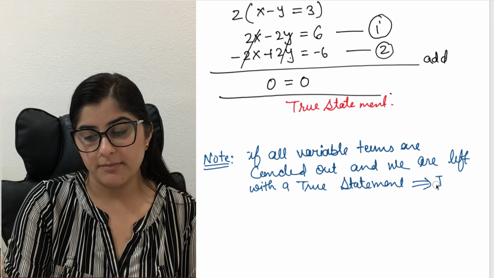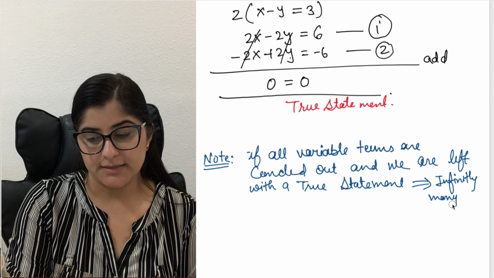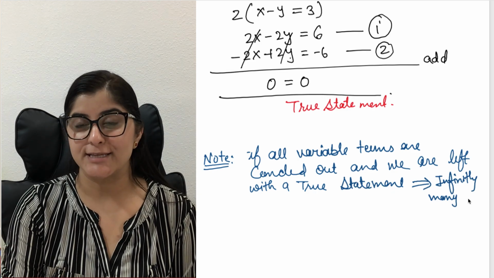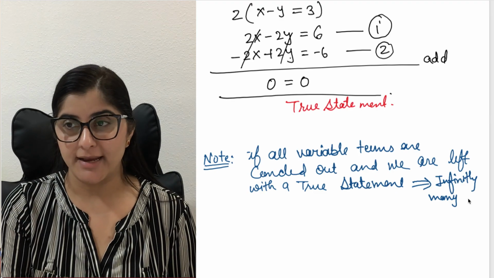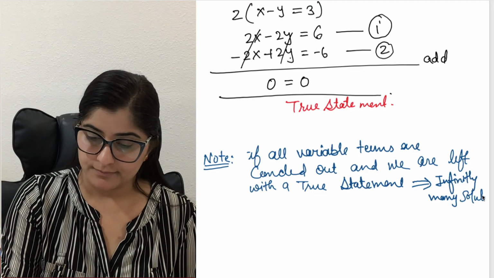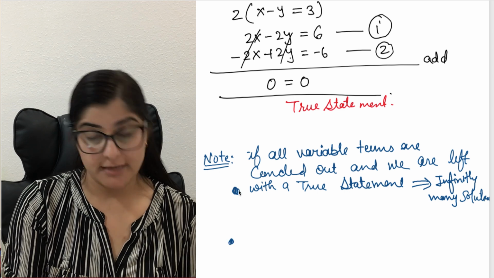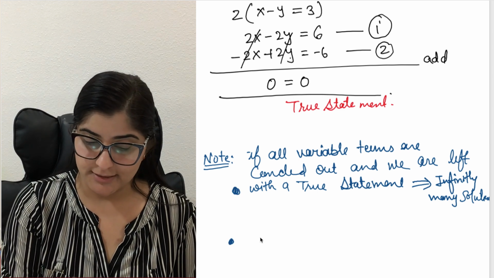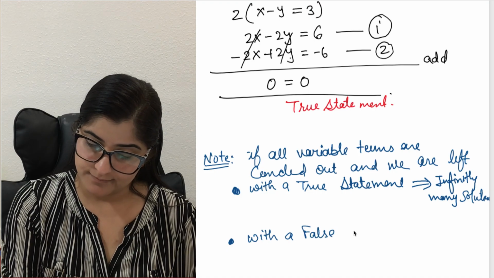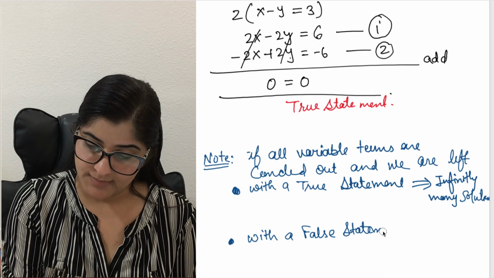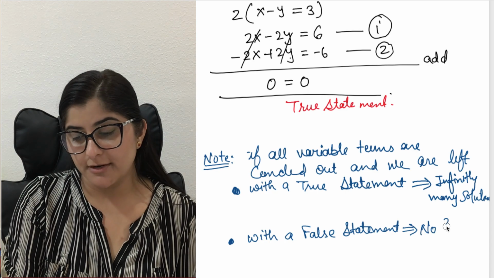that means infinitely many solutions of this system. That means we have overlapping lines. Every point, if it lies on one line, it will lie on the other line as well. And if we are left with a false statement, that means both lines are parallel lines, or you can say no solution.